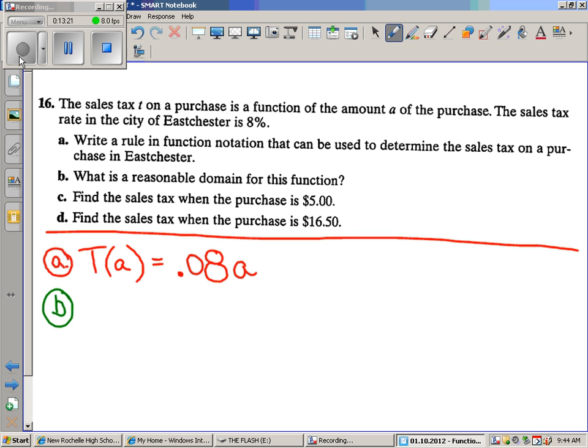Think about what it means. First of all, the domain is represented by what? Okay, so let's talk about this particular case. If you were to graph coordinates, the x value is really A. It's really purchase price.